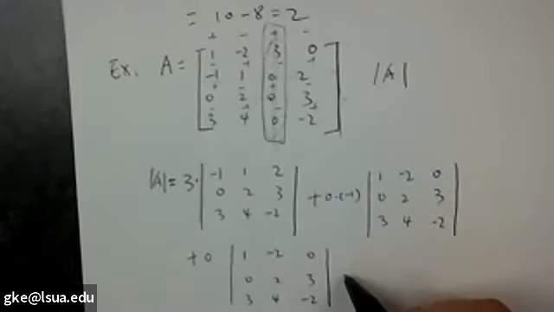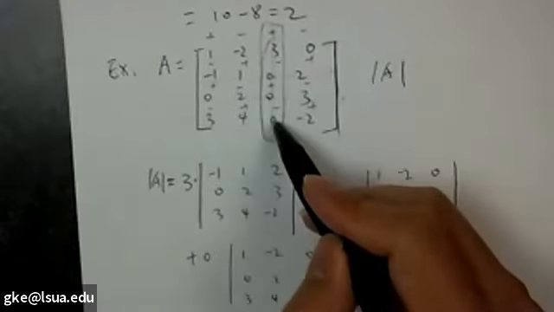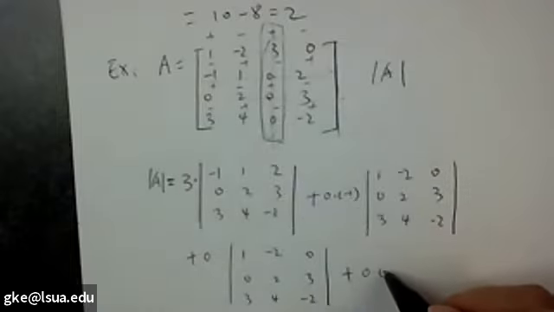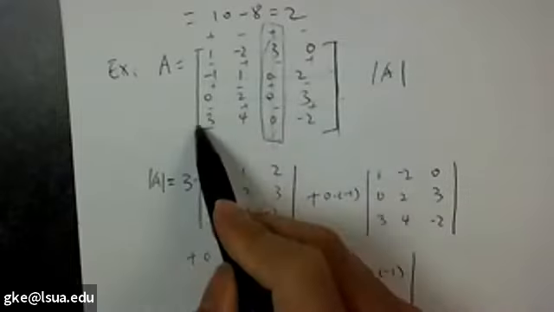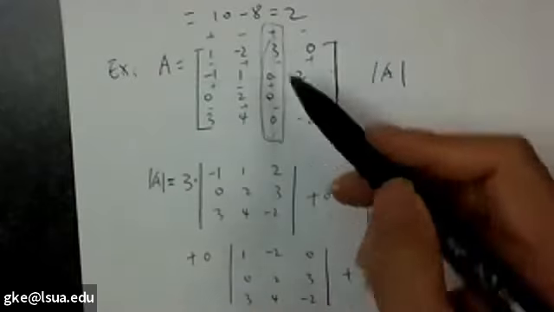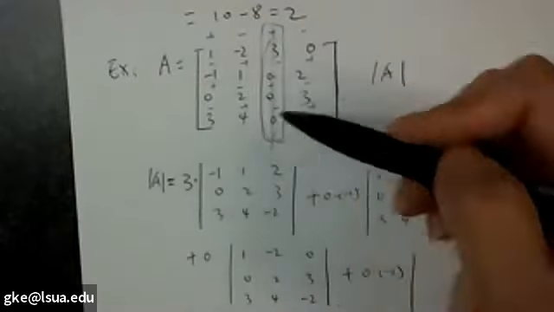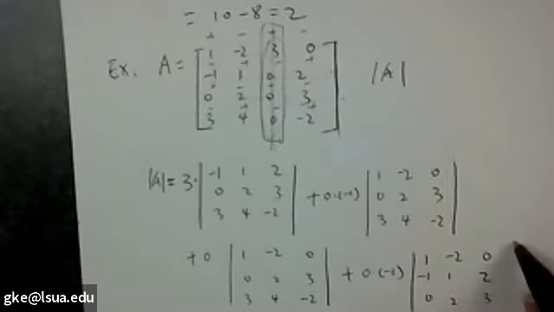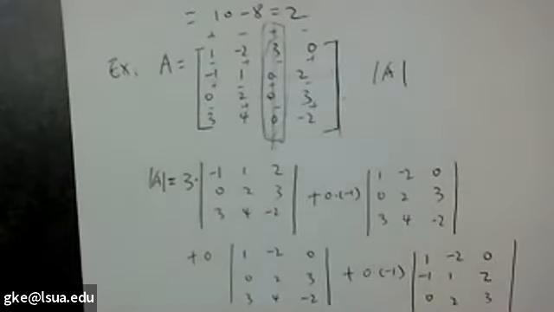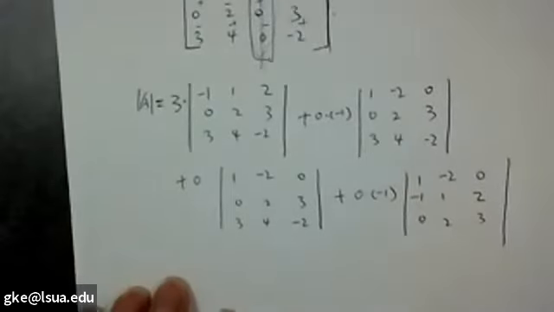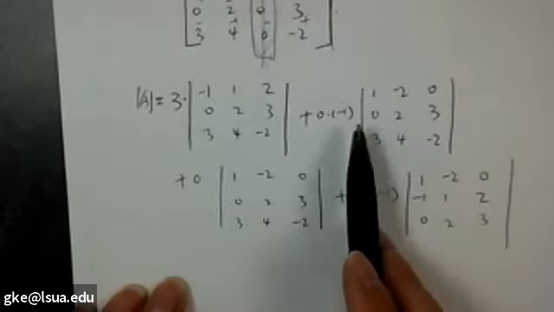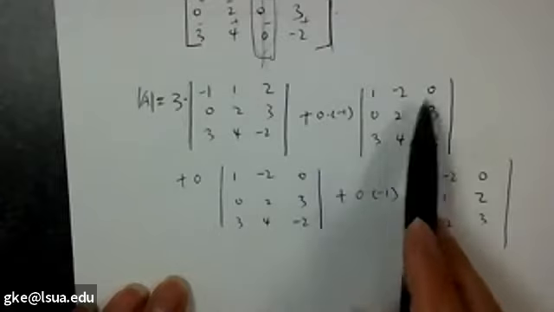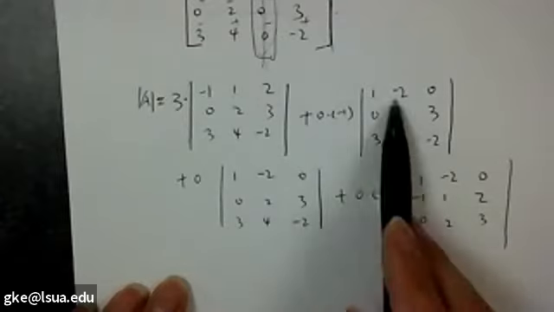Okay, and the last one is 0. Here's a negative. And we cross out the last row and the third column. We're going to have... okay, since the last 3 are all times 0, everything times 0 equals 0, right?